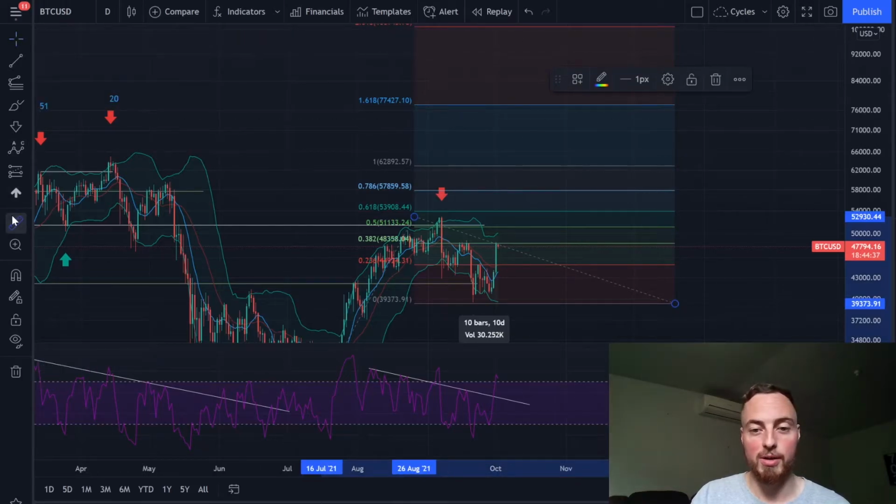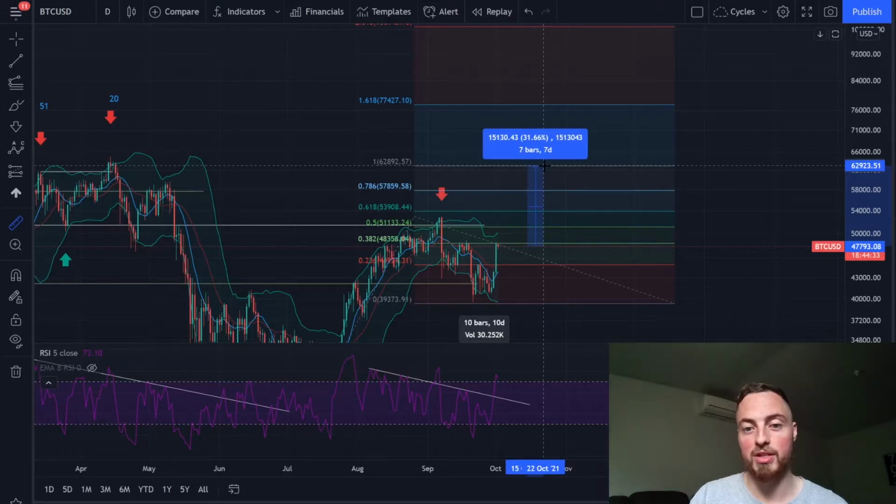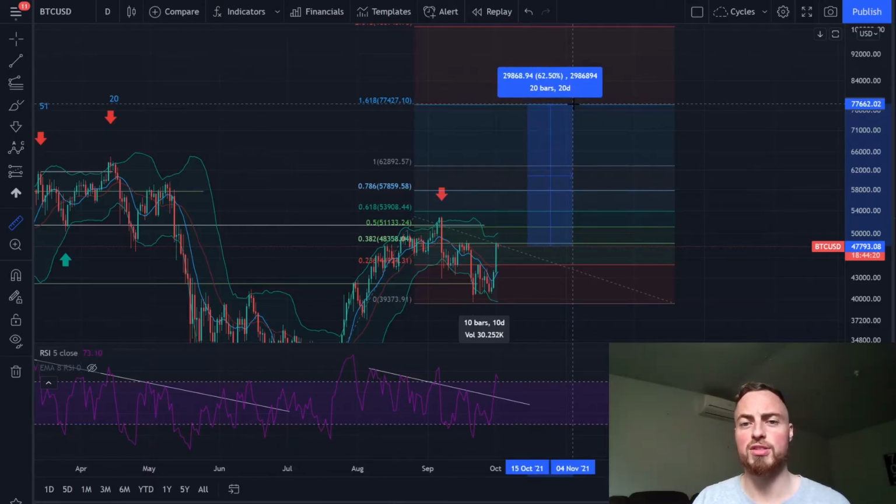Now, from these prices, what would that be? A 30% gain. So if you had $100, put it in the market now, you could possibly see it going to that level. If we had a bit more of a parabolic rise of 62%, if you had $100, you would make $62 profit.